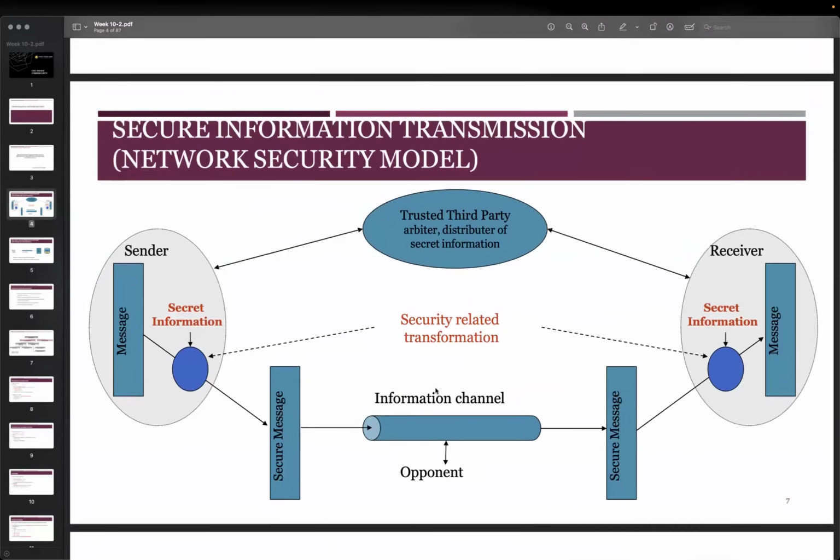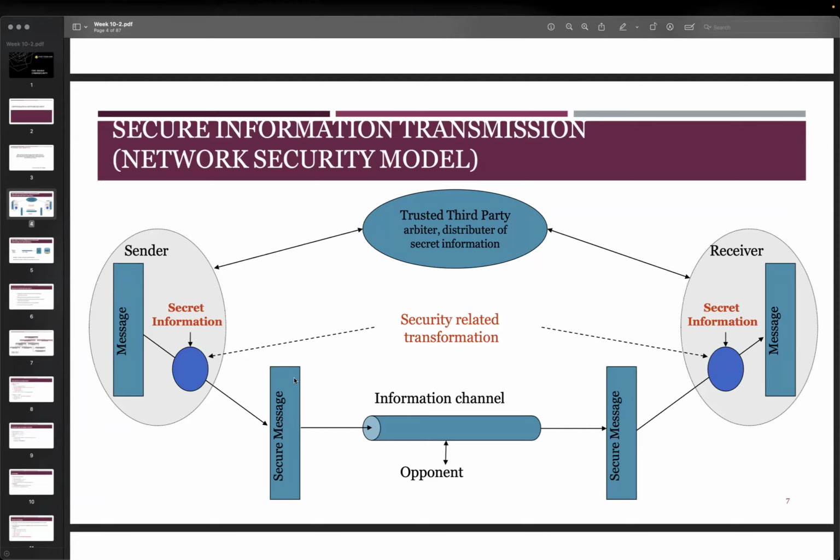In our network, we have a security model we need to think about. The sender sends the information, or sometimes we say the packet, to the receiver. Sometimes we include a trusted third party, for example for distribution of secret information, or, when we learn TLS, SSL and certificates, we get those from the trusted third party.